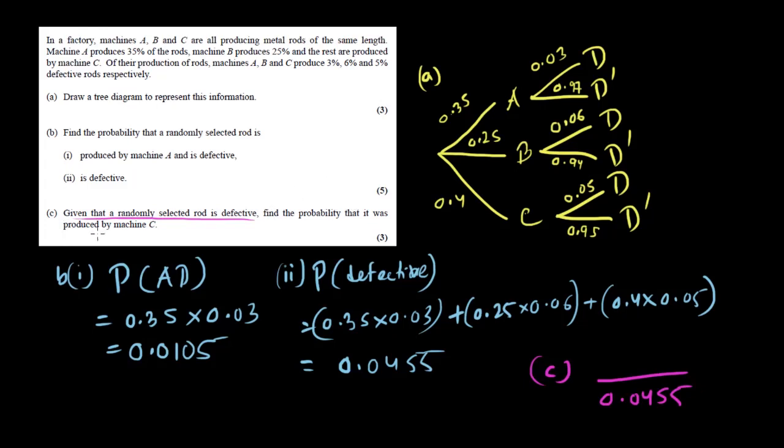Find that it would be produced by machine C. It is already given that it is defective, and to be produced by machine C, it has to be produced by machine C and be defective. So in that case it would be 0.4 and 0.05, and the probability is 0.439. That's the probability.